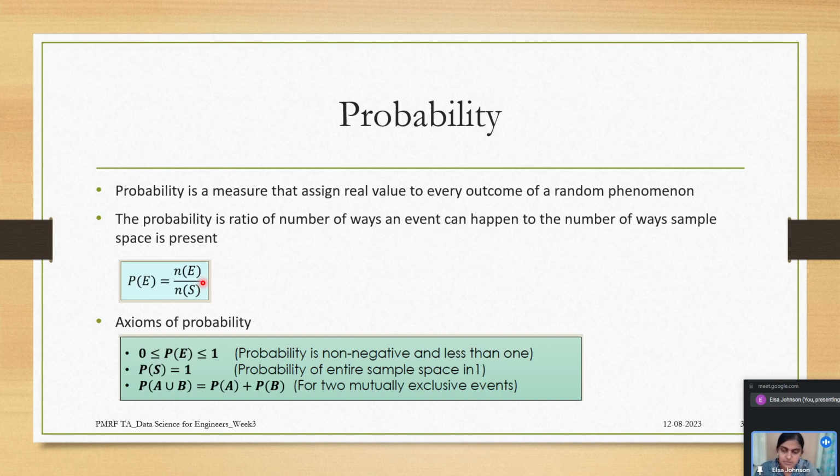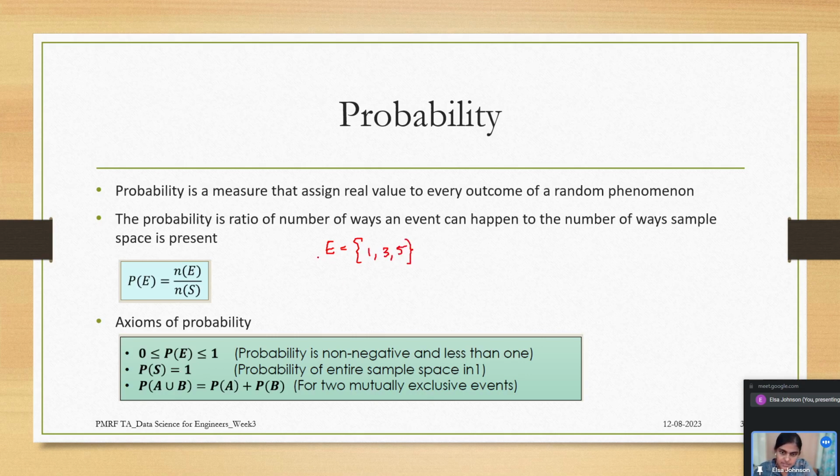For example, if you are taking the case of a die, and you are checking the probability of getting an odd number, then the event will be the odd numbers 1, 3, 5.